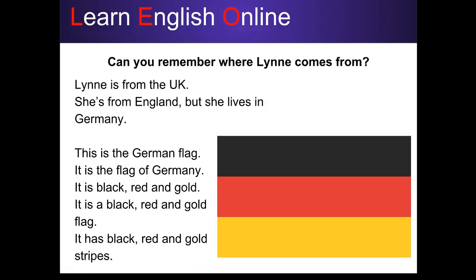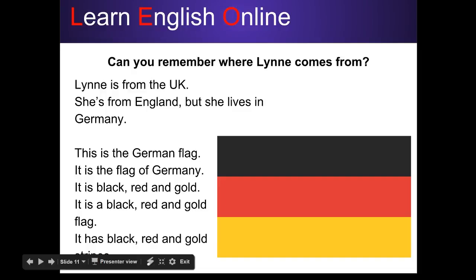Now, gold, of course, is a metal, but it's also a colour. And these stripes go from the top to the bottom. So the top stripe is black, the middle stripe is red, the bottom stripe is gold. Top, middle, bottom. Top to bottom.